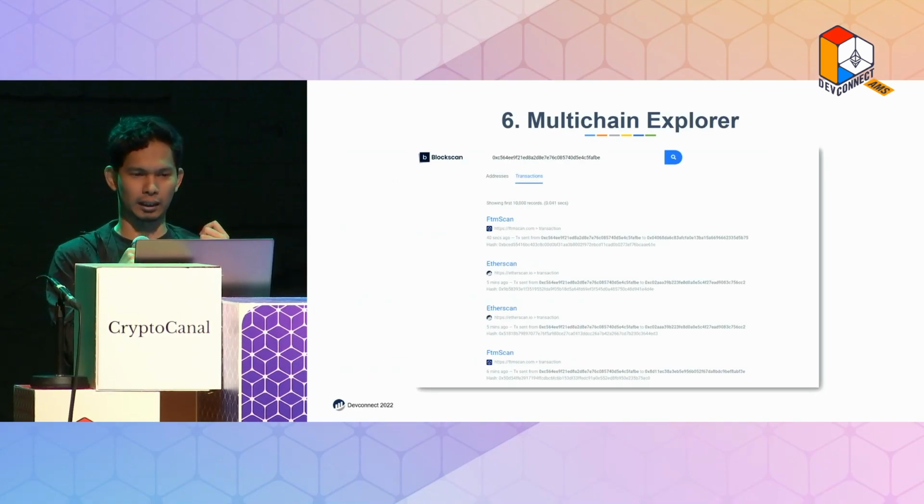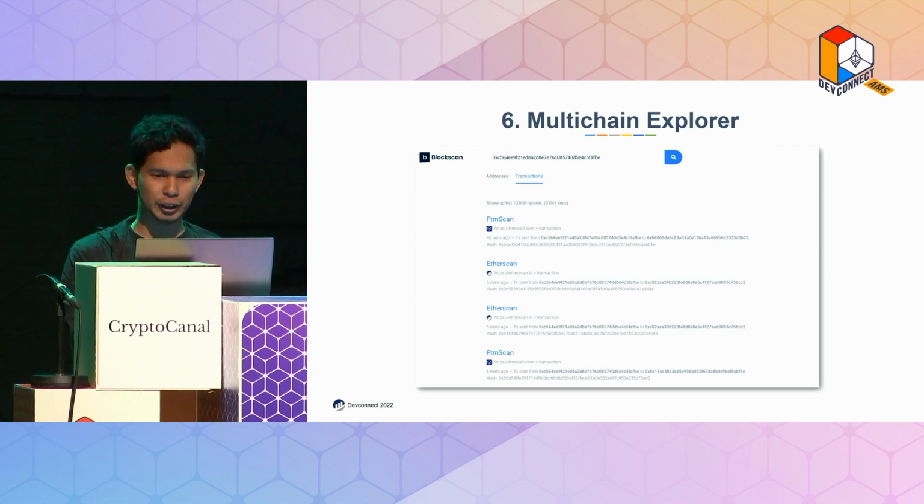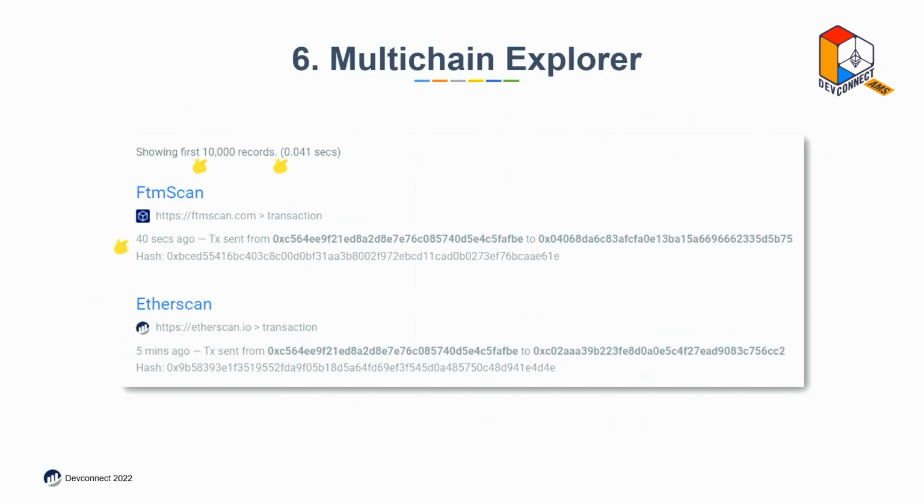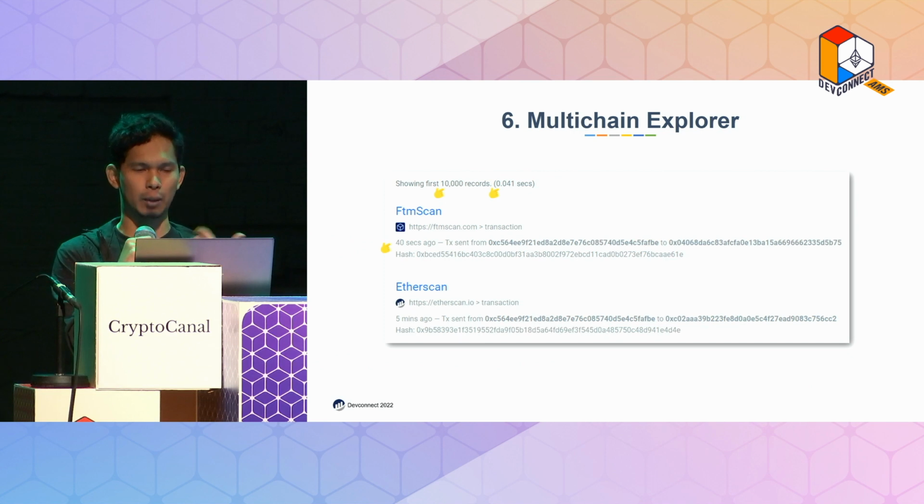To look at the example that I gave earlier, the Phantom bridge, I'll just zoom in a little bit. What we've tried our best to do is to provide the performance that is needed to support multiple blockchains out there. In this case, you can see we will support up to 10,000 records, which I hope is enough for most of you here.